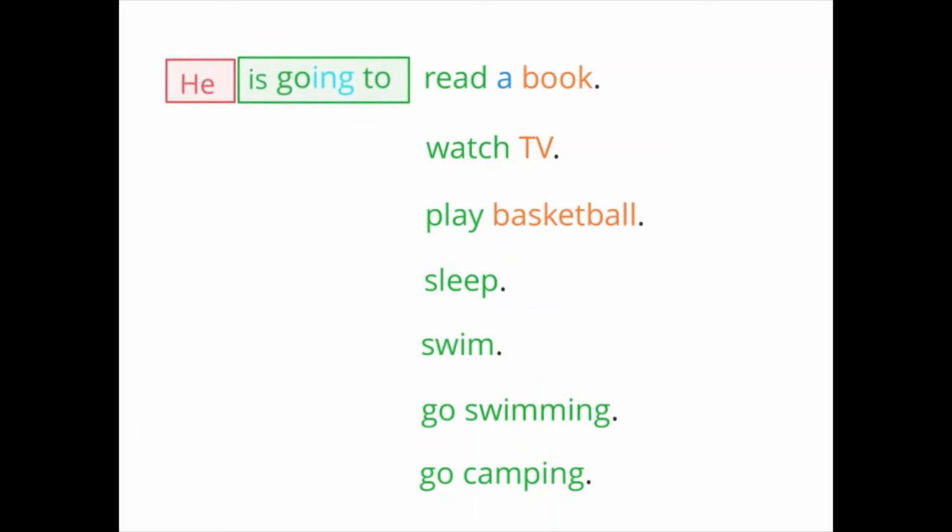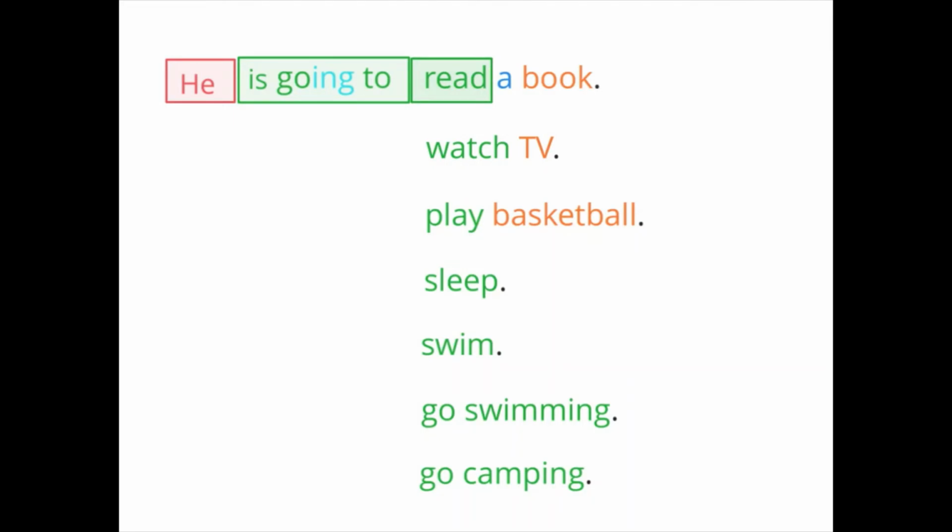I want you to notice how some of these verbs need an object and some do not. With read, we do not need to have an object, but we can. We could say he is going to read. We can also say he is going to read what?